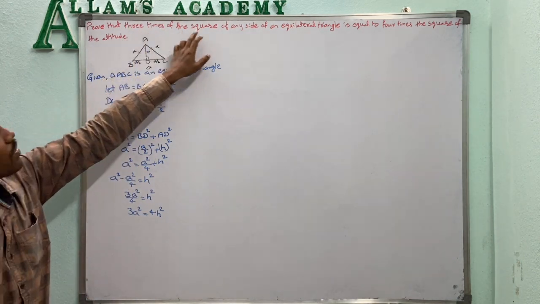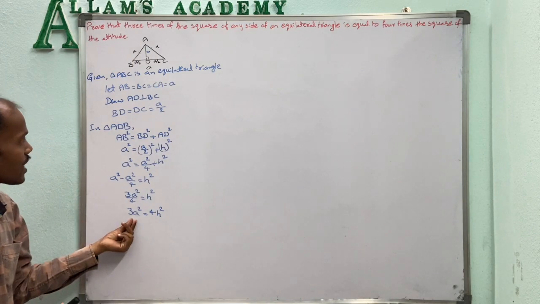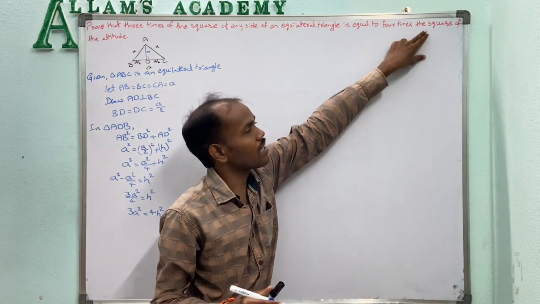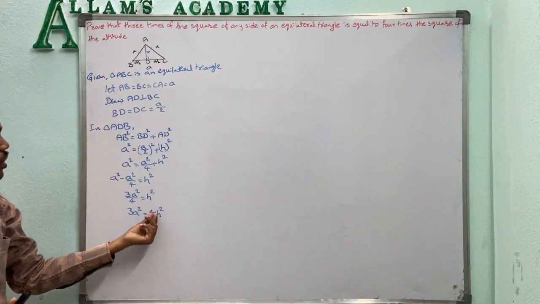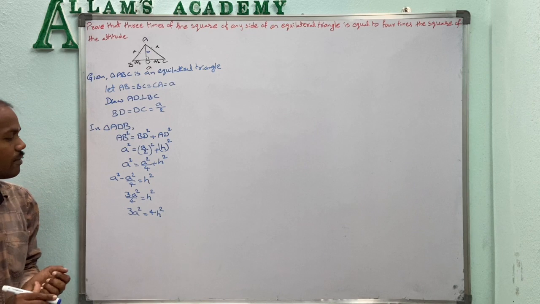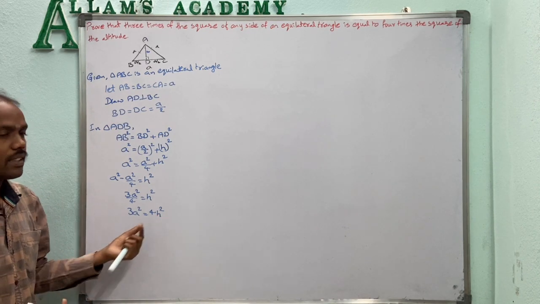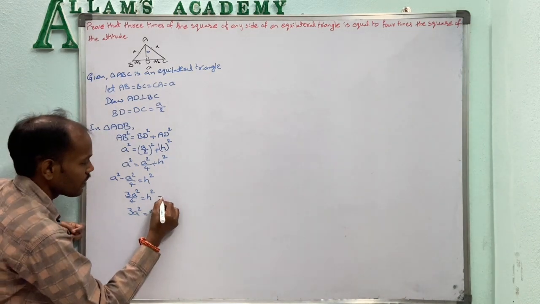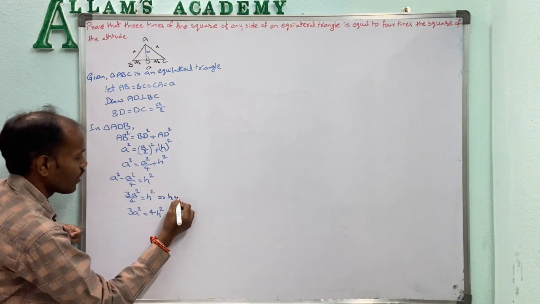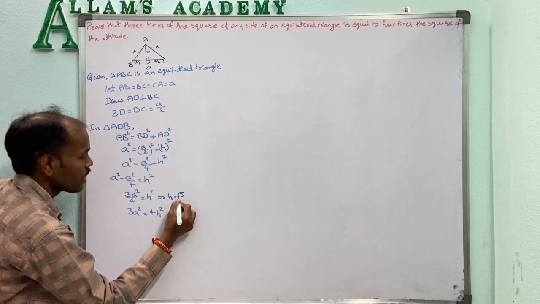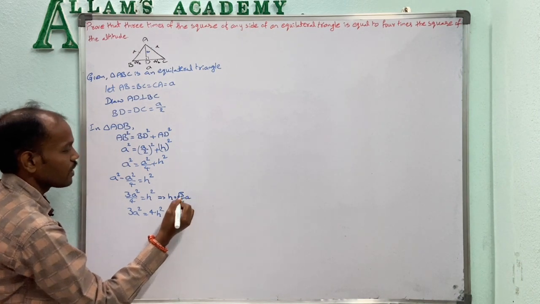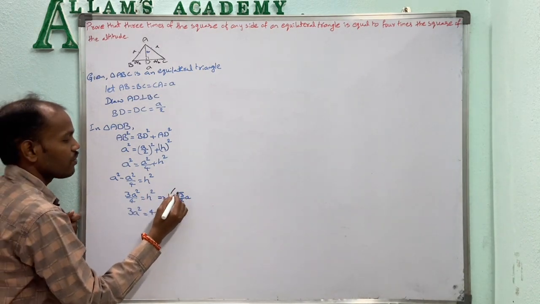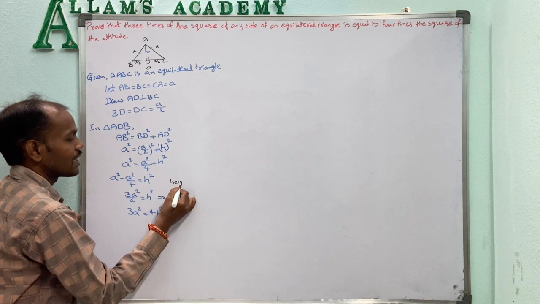So 3 times the square of any side, that is side A, 3 times its square is equal to 4 times the square of the altitude, 4 times height square, that is 4H square. So from this we can write H equals root 3 by 2 A. It is the height of an equilateral triangle.